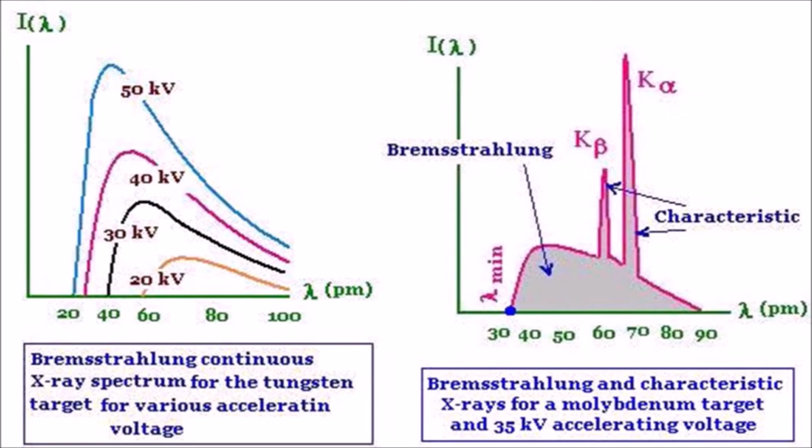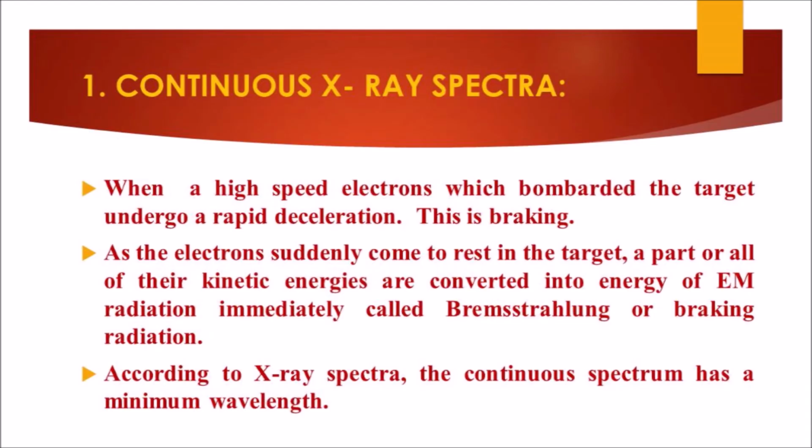In the second graph, the intensity of X-rays is significantly increased at certain wavelengths, that is the characteristic X-ray spectra for molybdenum. The first part is the continuous X-ray spectra. What is the continuous X-ray spectra?